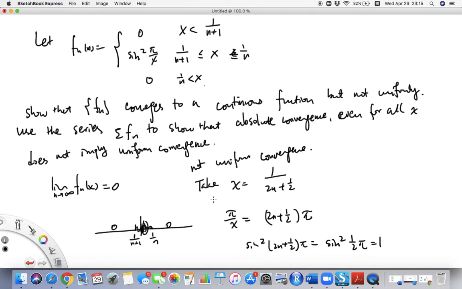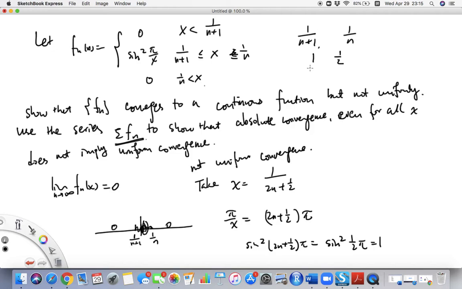So next we have to look at the series. So this series converges to what? First observe that for different n, the intervals between 1/(n+1) and 1/n are disjoint, right? Say n is equal to 1, it's 1 and 1/2.